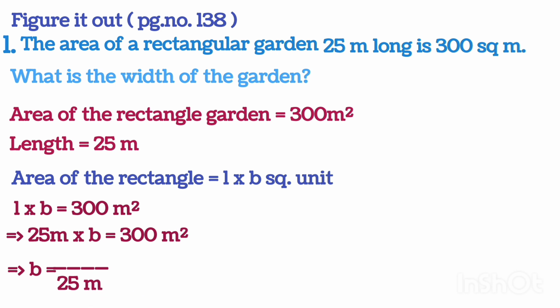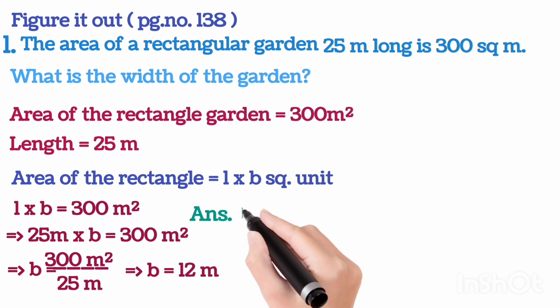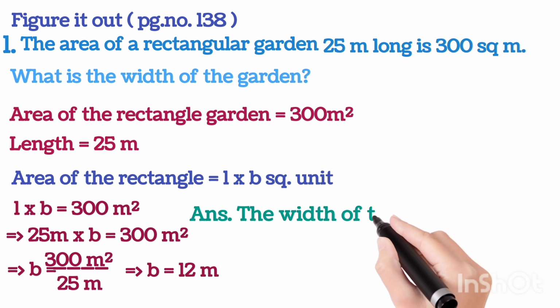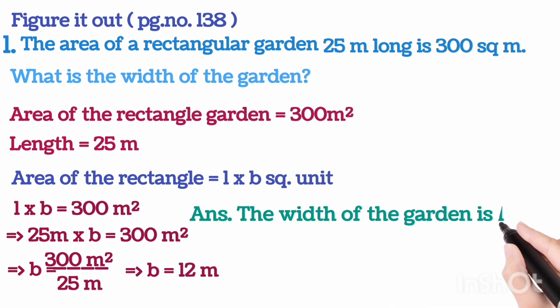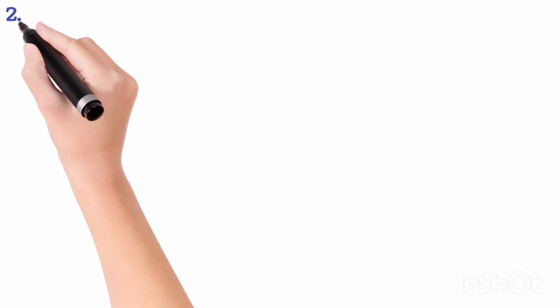So the sign will change, it will divide, so you write it as a denominator. Now 300 meter square by 25 meter. If you divide, you will get 300 divided by 25 equals 12 meter. And the answer statement will be: the width of the garden is 12 meter. I hope all of you understood. Now go for the next sum.